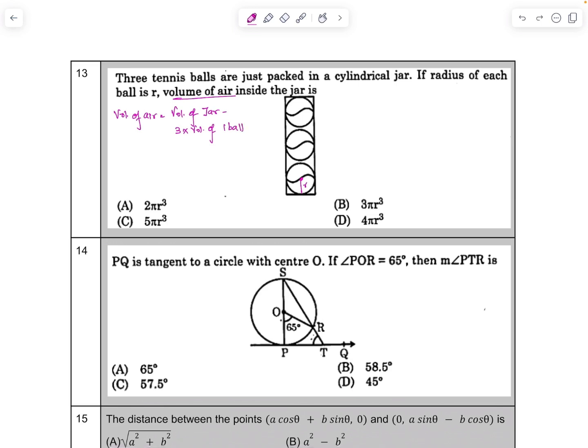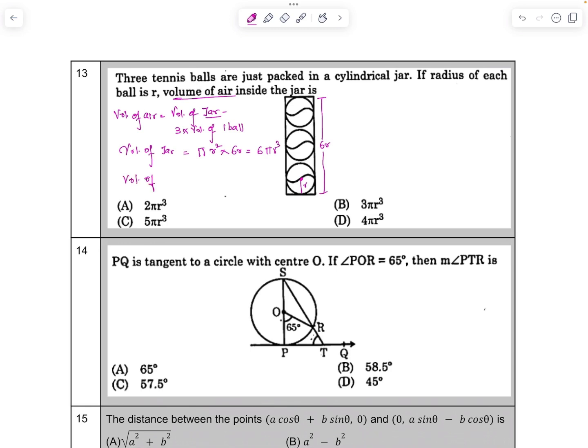The jar is cylindrical in shape. The radius of the jar is r units and the height of this jar is 6 times r. So volume of jar is pi r square h. H is again 6r, that is 6 pi r cube.